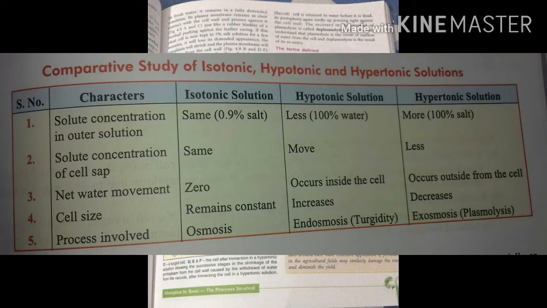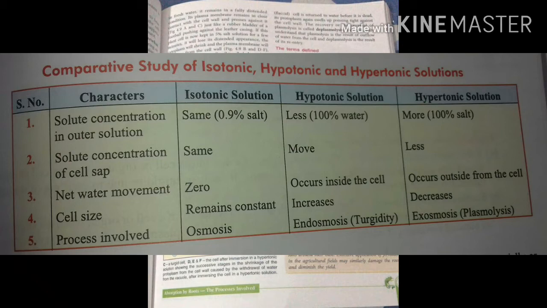Second character, solute concentration of cell sap: isotonic solution same, hypotonic solution more, hypertonic solution less. Third character, net water movement: in isotonic solution 0, in hypotonic solution occurs inside the cell and in hypertonic solution occurs outside from the cell.